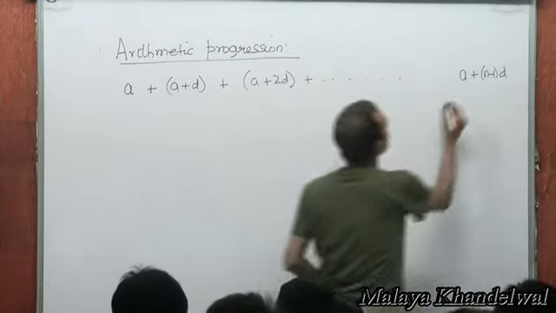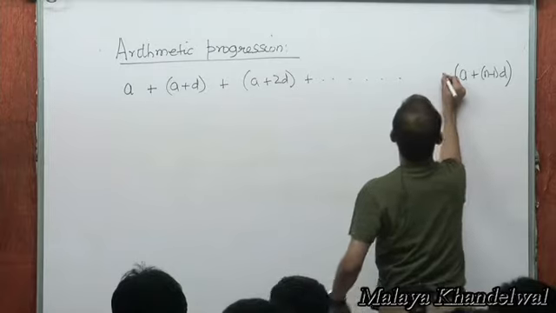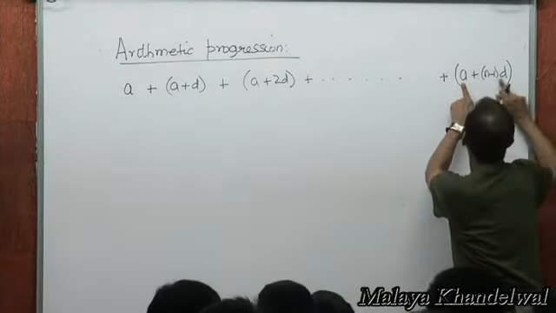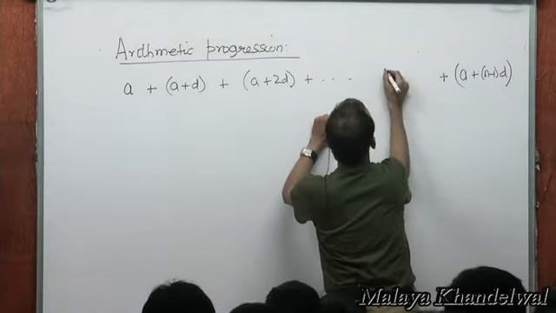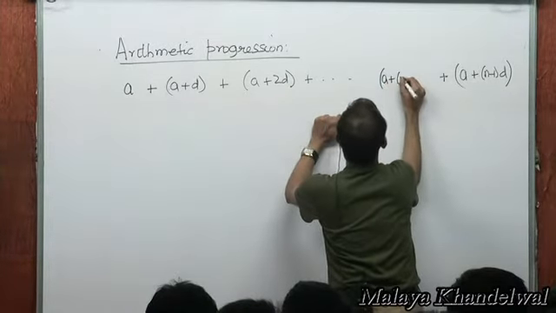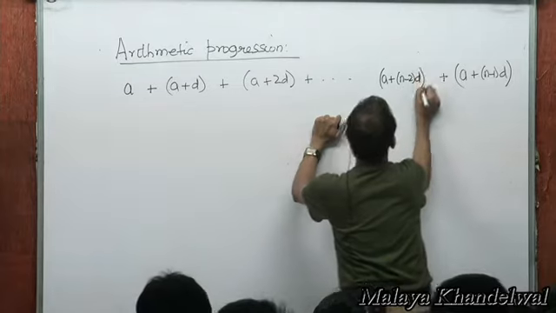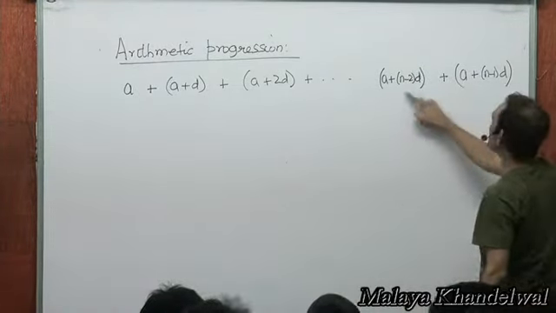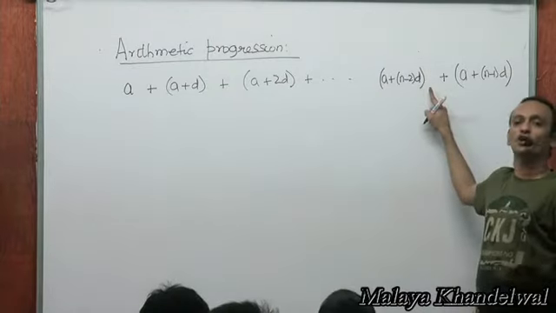So then, the term prior to this would be D less than this. So the term prior to this, do you realize, is going to be A plus n minus 2 into D. This minus D is A plus n minus 2 into D, yes or no?